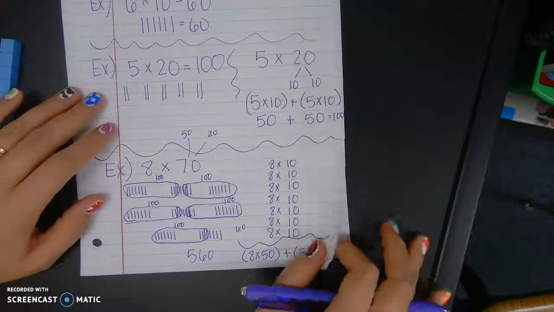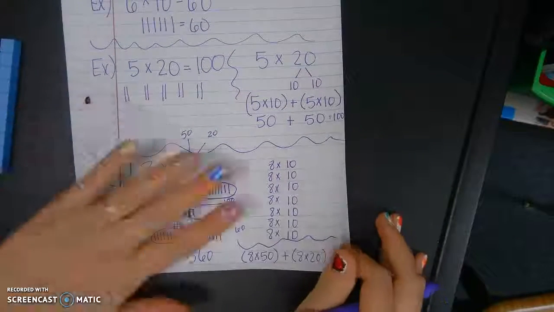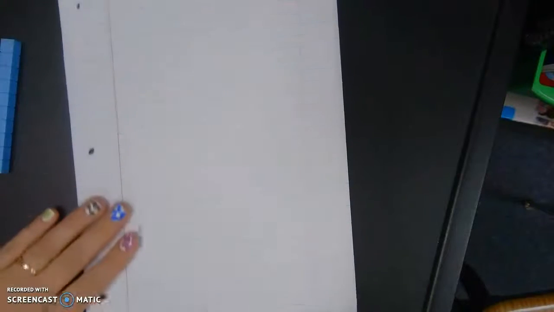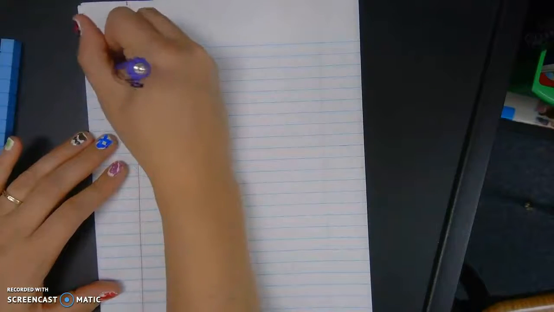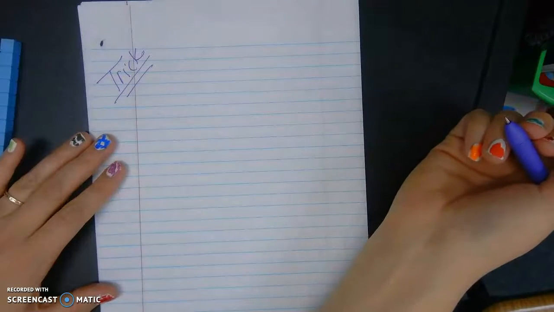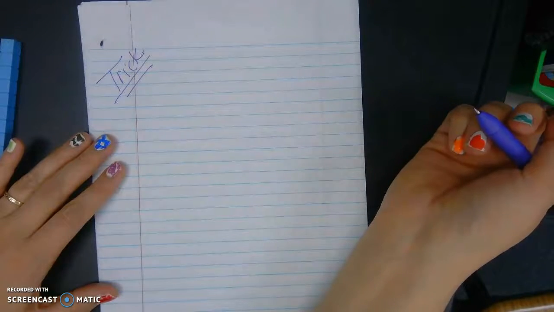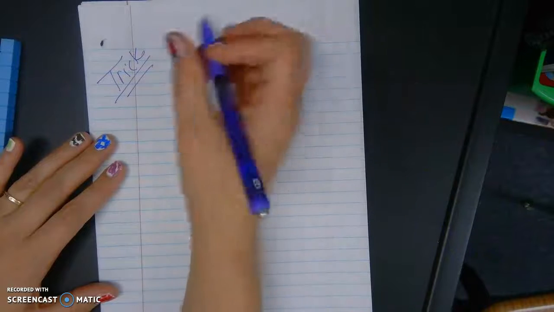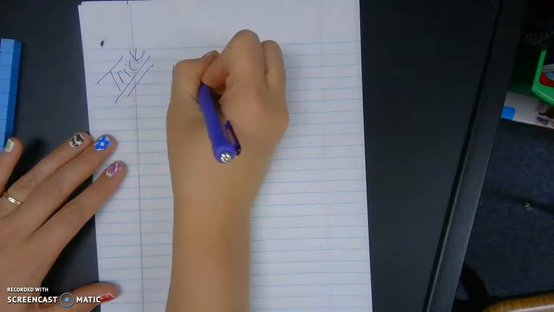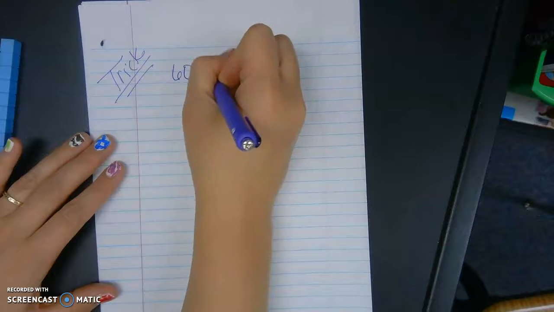Now let me show you the trick. Now that you understand that we're still working with multiples of 10, I want you to write, this is a trick, only a trick. There's not much math behind it, but it works, and it's faster, okay? So let's say I wanted to do 60 times 6.